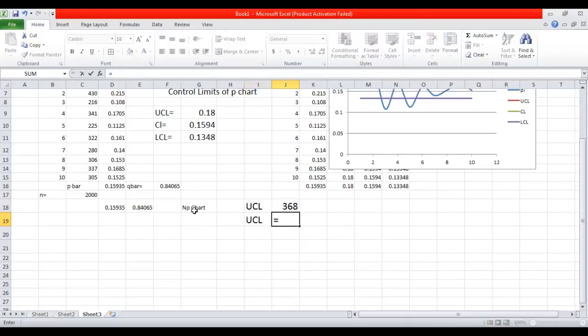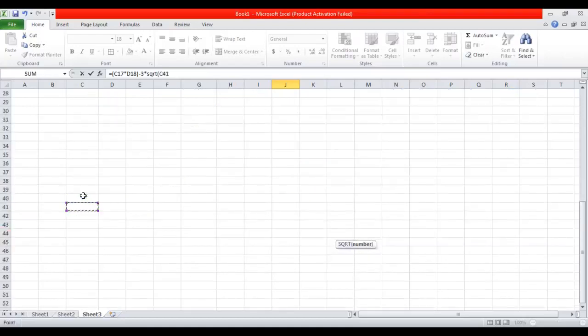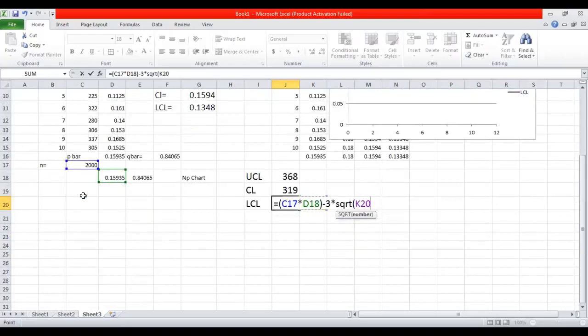Now CL, what is the CL value? CL is N into P bar. That is 319. This is CL value. Similarly, LCL equals N into P bar minus 3 into square root of N into P bar into Q bar.